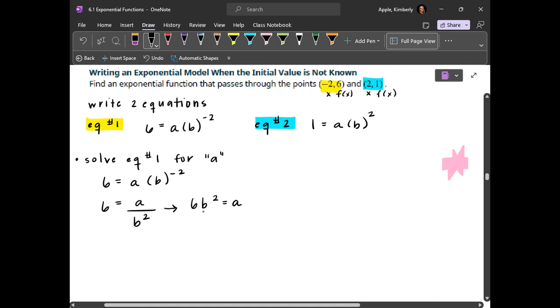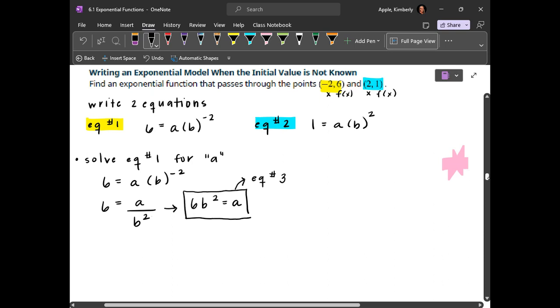We're going to call this, just for reference sake, because we will come back and use it again later, equation 3. So now I want to substitute into equation number 2 and solve for b.